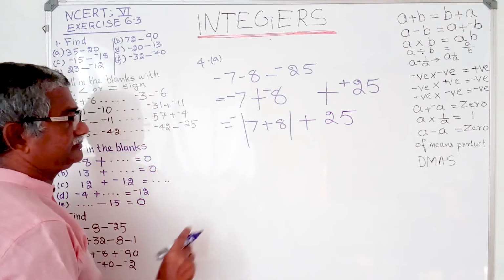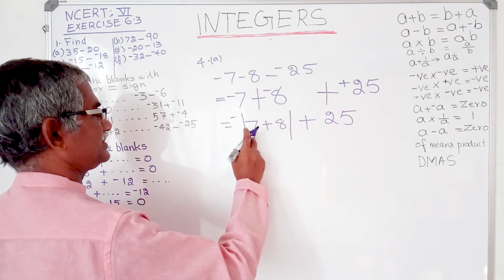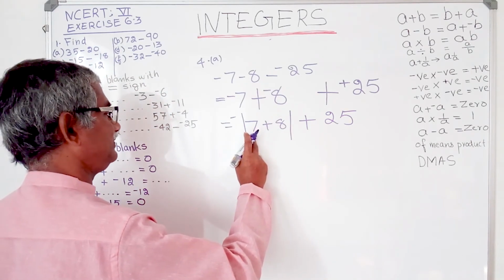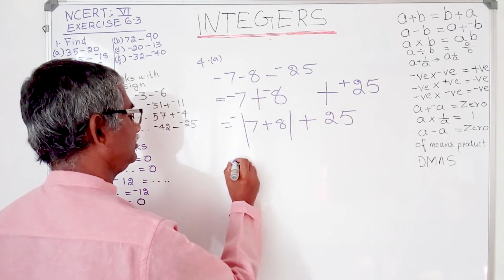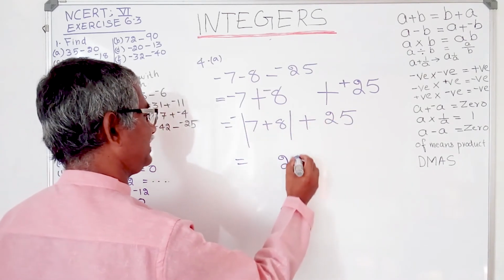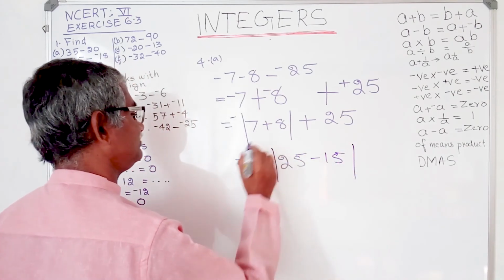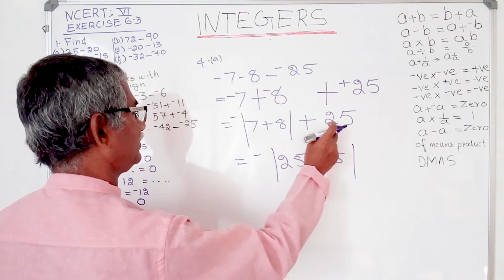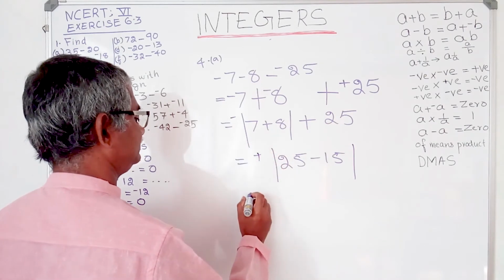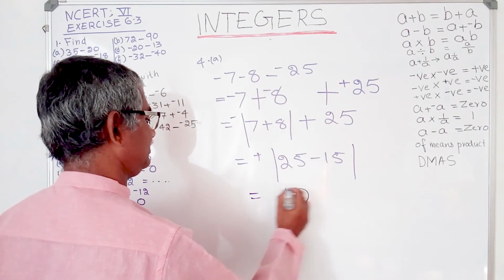This is one method. 8 plus 7, 15. 15 less, 25 more. Taking the difference, put the sign of the larger absolute value, that is plus. So the answer turns positive.